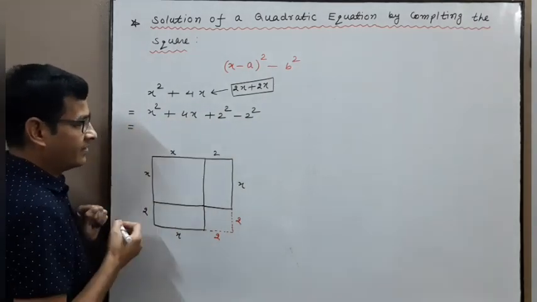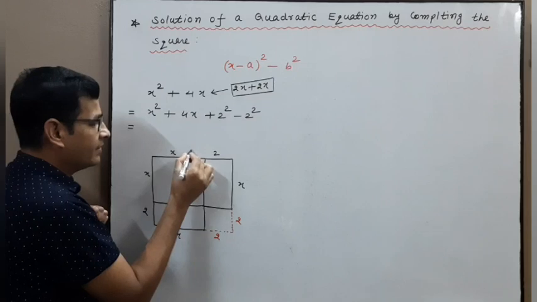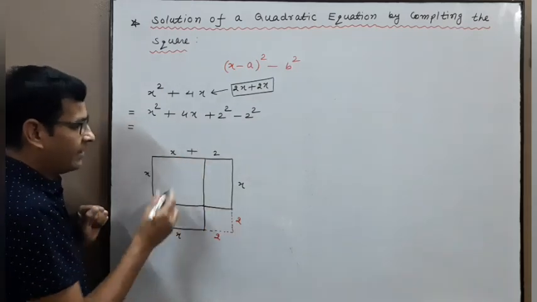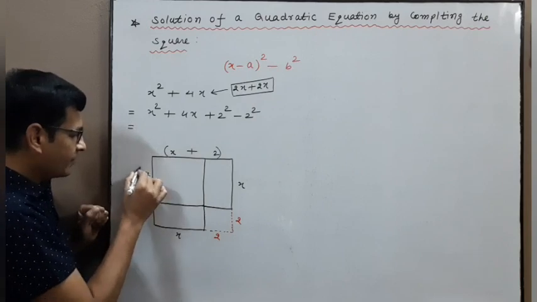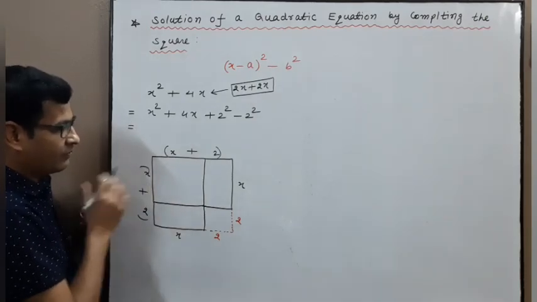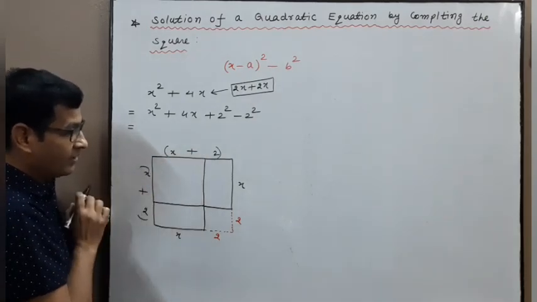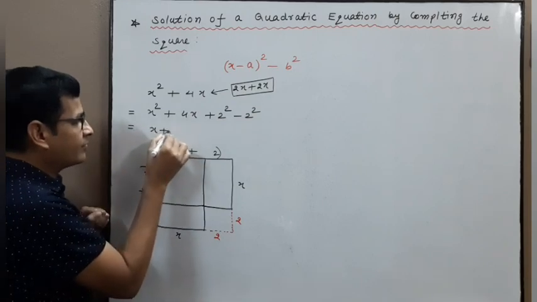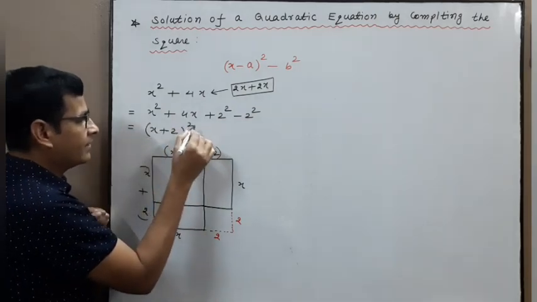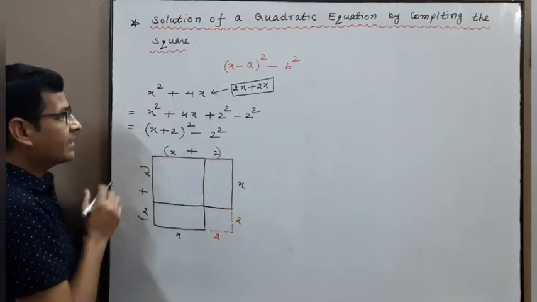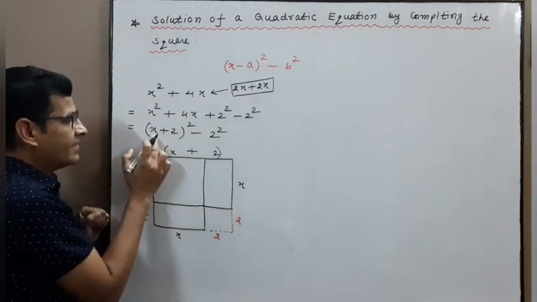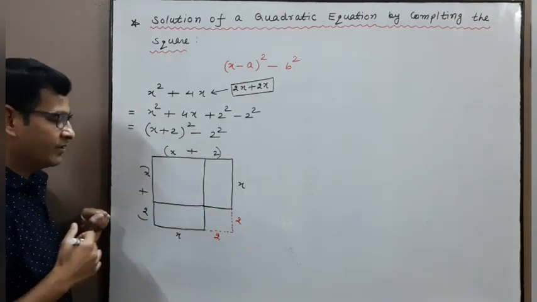The first three terms are actually the area of this complete square, x plus 2 into x plus 2, x plus 2 whole square. Area of the square is side square, and minus 2 square. So we can write x square plus 4x is x plus 2 whole square minus 2 square.